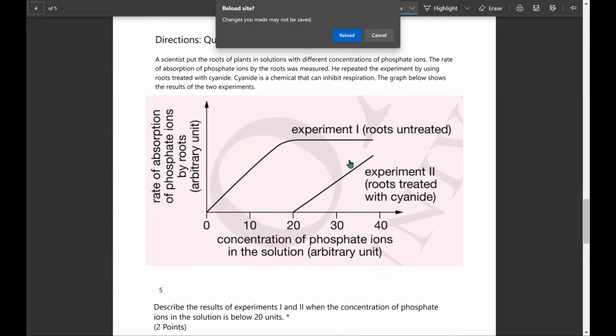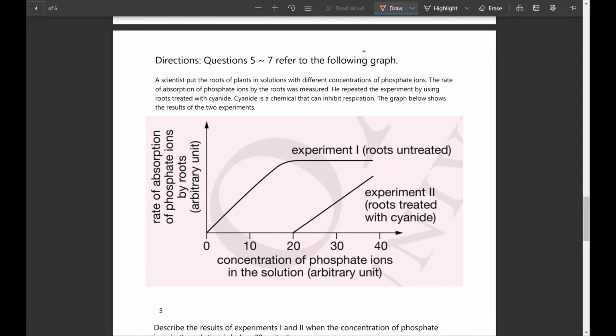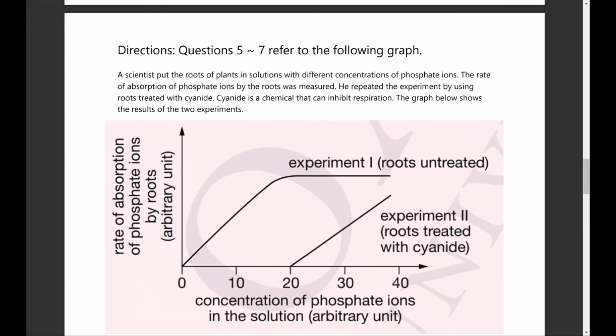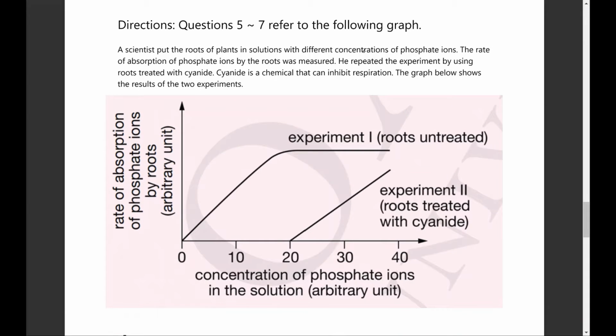Alright, then questions 5 and 7 refer to the following graph. I'll briefly go through this graph again. A scientist put the roots of plants in solutions with different concentrations of phosphate ions. The rate of absorption of phosphate ions by the roots was measured.